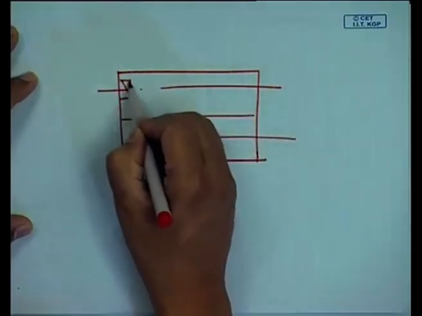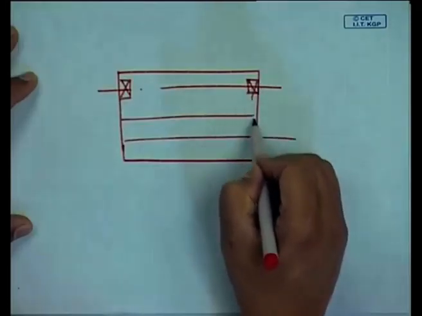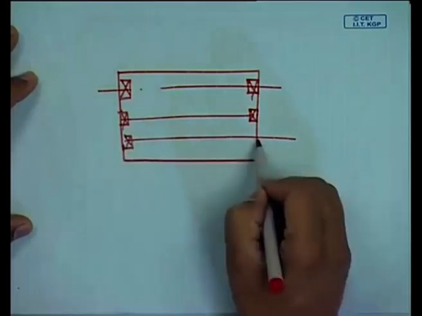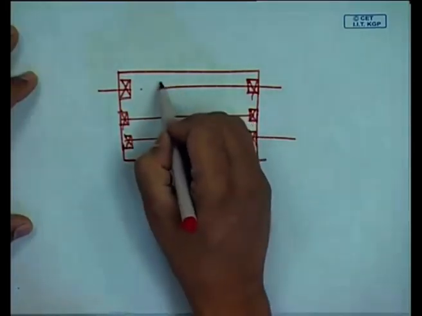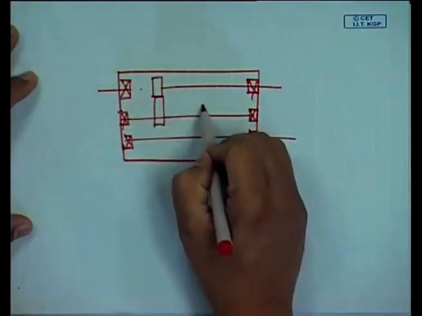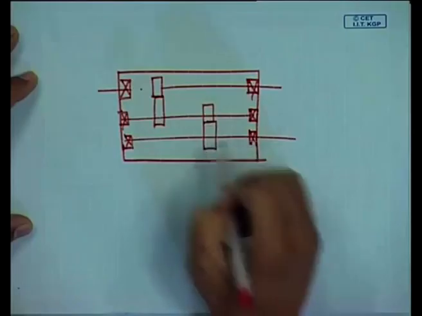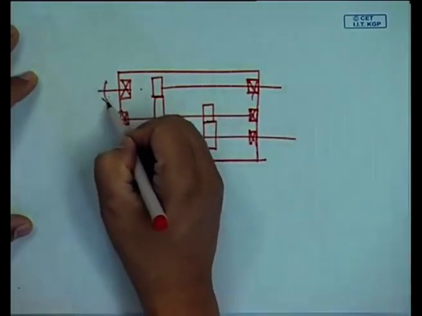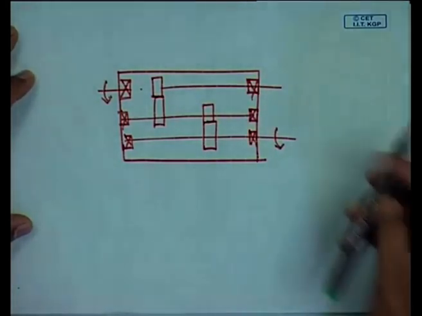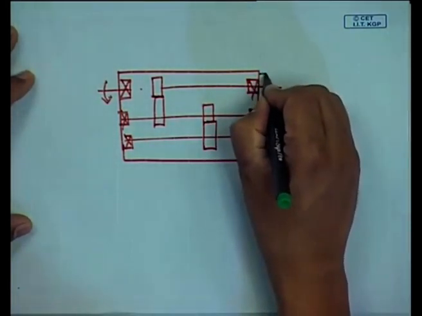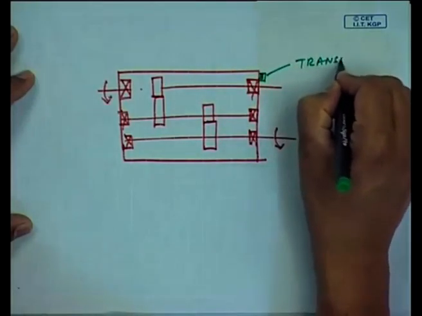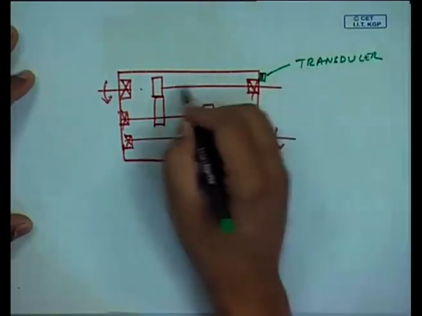There are bearings here, bearings here, bearings holding the intermediate shaft, and there could be gears.